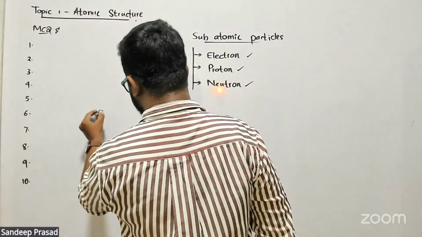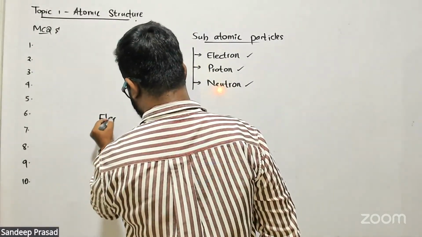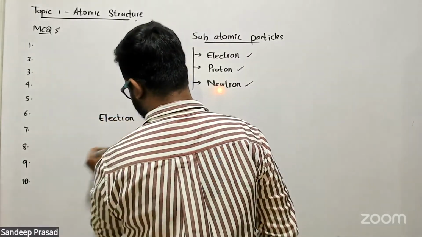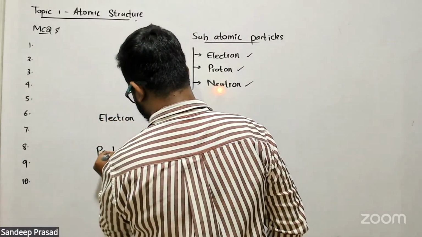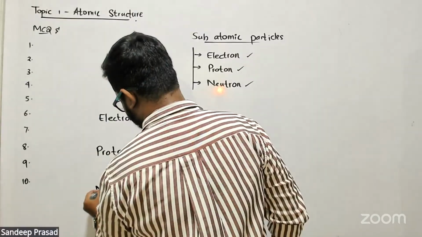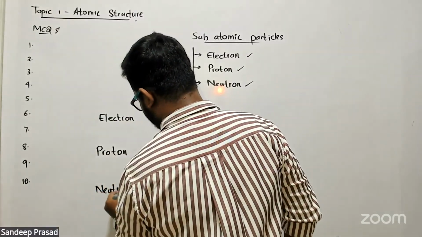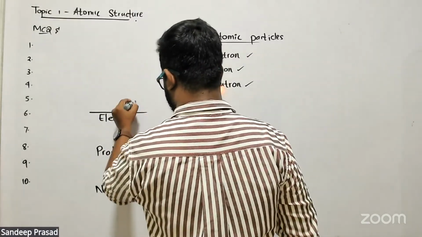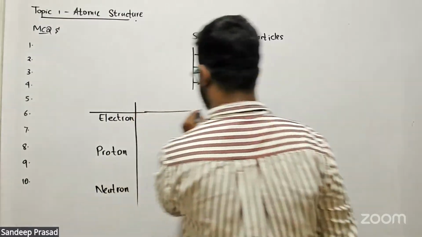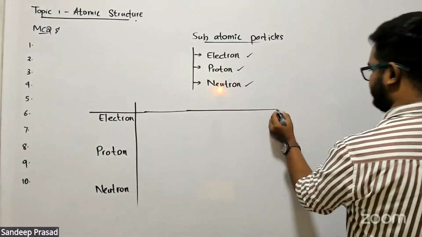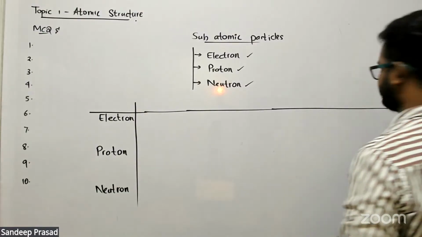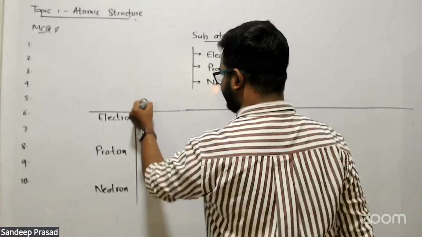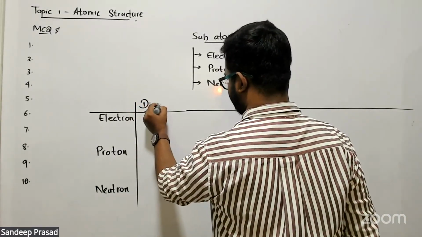If I consider these three subatomic particles, electron, proton, and neutron, these are the things that you have to know. Don't worry, we are learning these things again under unit number 1. First of all, you should know who discovered these subatomic particles.